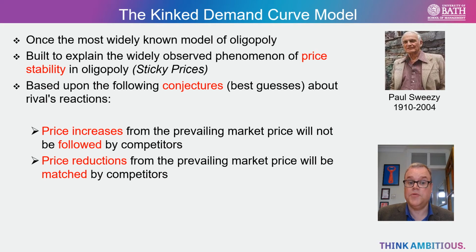Conversely, any price reductions a firm decides to make from the prevailing market price would be matched by competitors and would not generate significantly more sales. Both measures would lead to a firm losing out on profits. As a result, the demand curve facing a firm under oligopoly is not perfectly elastic. Indeed, as we will see, it is perceived to be kinked.